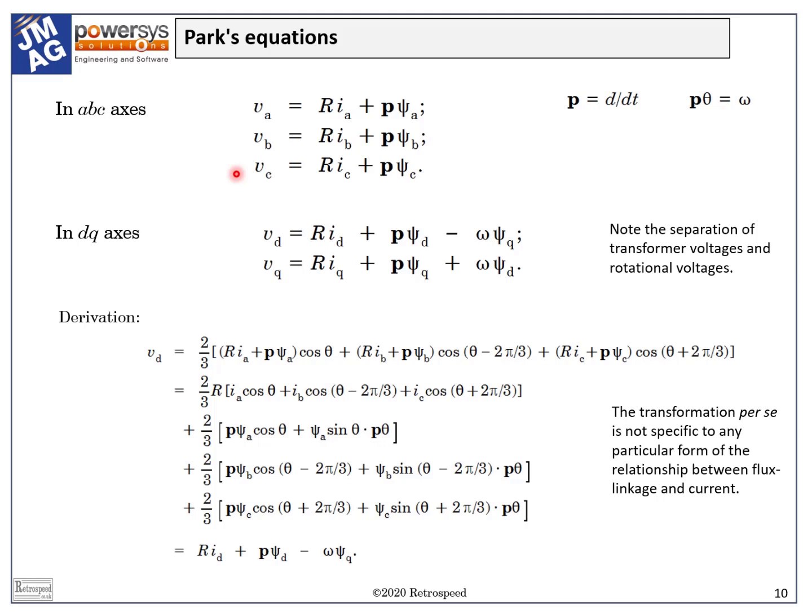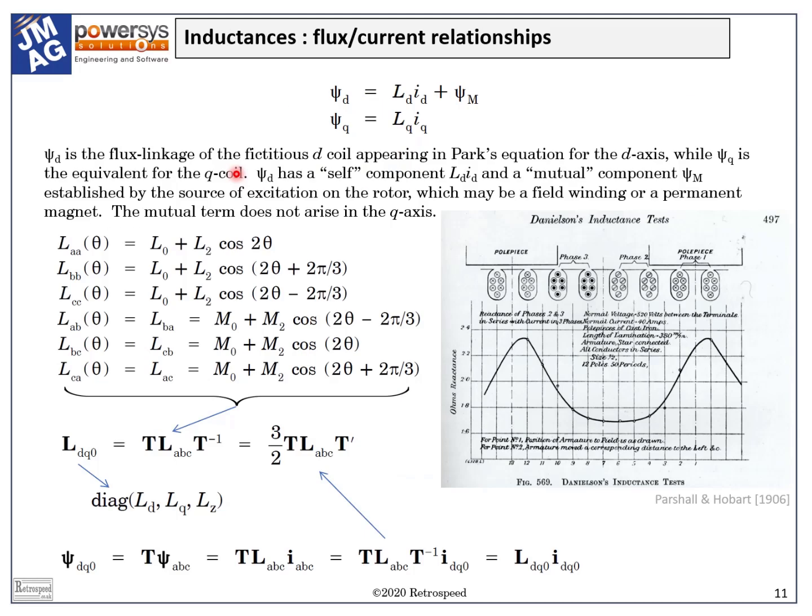And this relationship is very complicated because the necessary inductances vary widely and rapidly with all three currents and also with the rotor position. The result of Park's transformation is that the number of inductances is greatly reduced from 9 to 2, even without counting the field winding in the synchronous wound field machine. We can see this in the next slide.